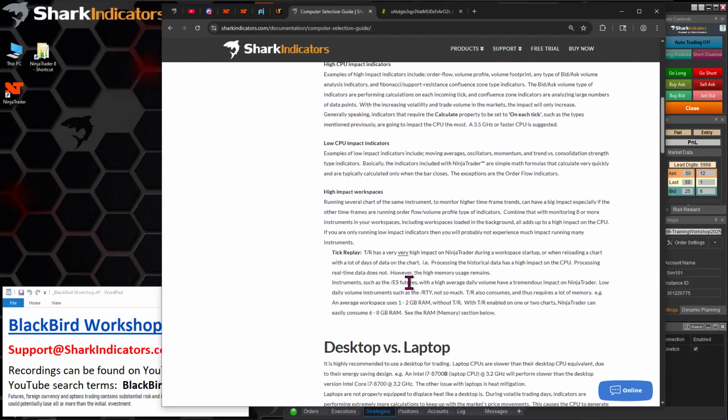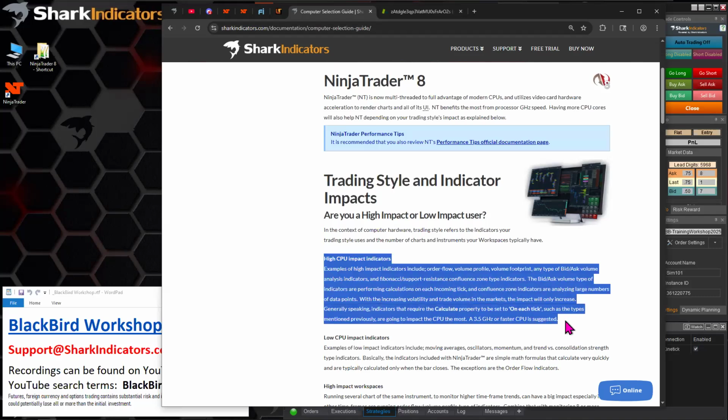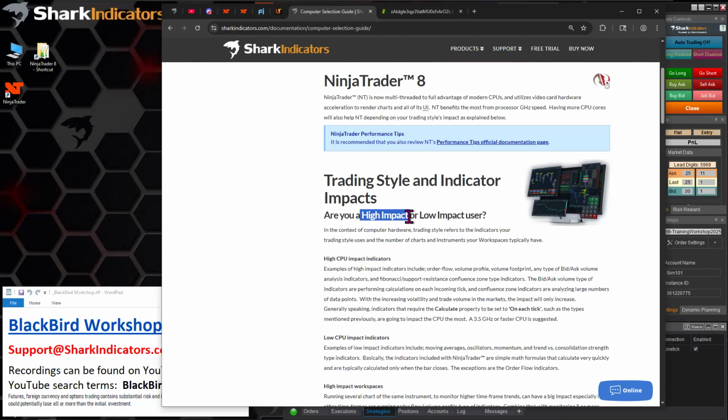If you're going to be doing a bunch of back testing or optimizing, that's probably something that I don't think is mentioned in here. But if you're going to do a bunch of optimizing or back testing, then you're going to want a high-end computer.